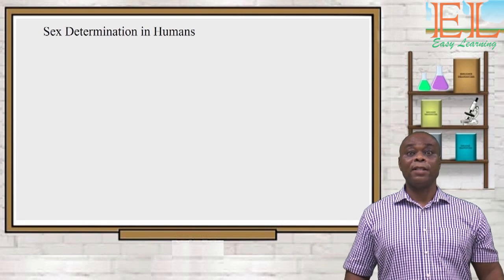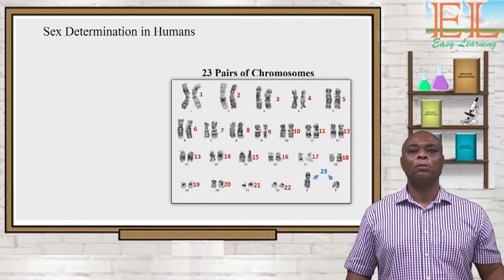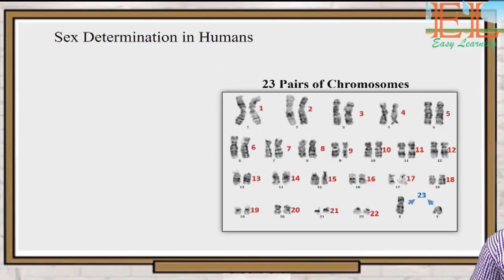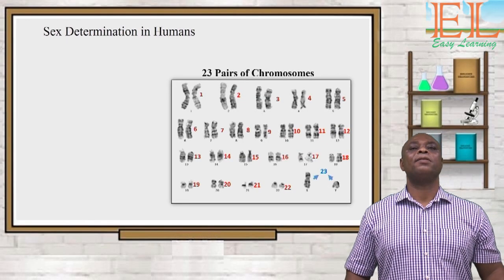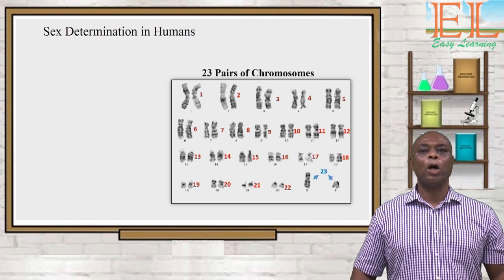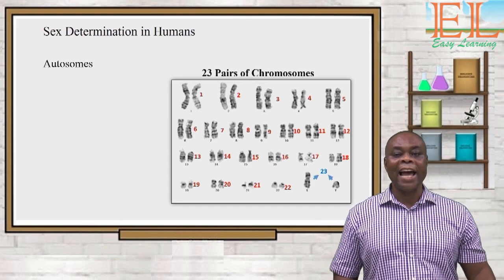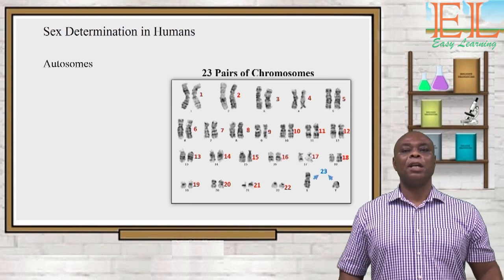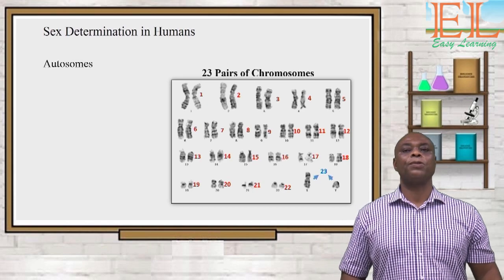That is what you can see on your screen. 22 pairs of the 23 are similar in both males and females, and they control the various body characters apart from their sex characters. These 22 pairs are known as autosomes, and like I said, they control the body features in both males and females.